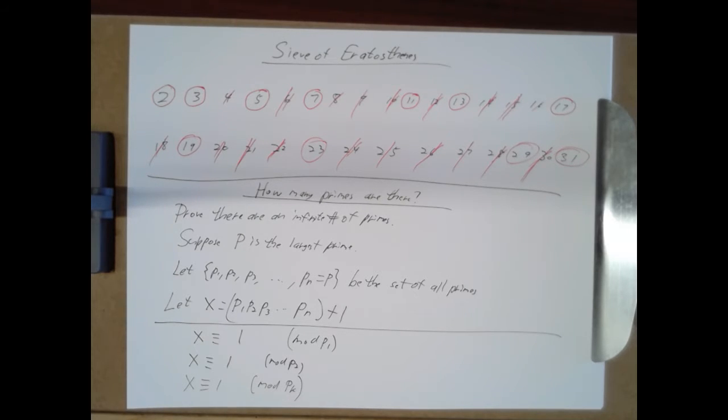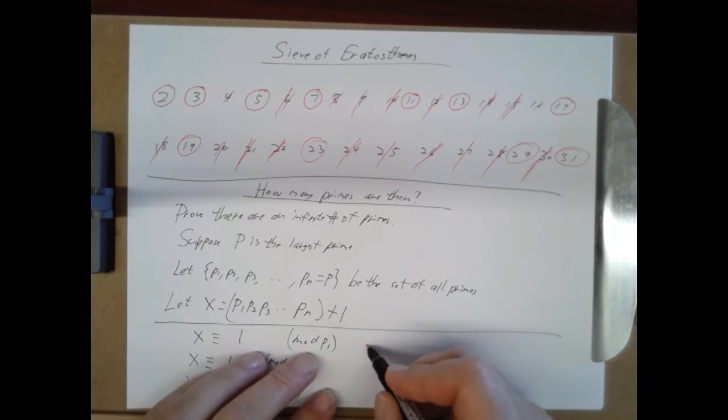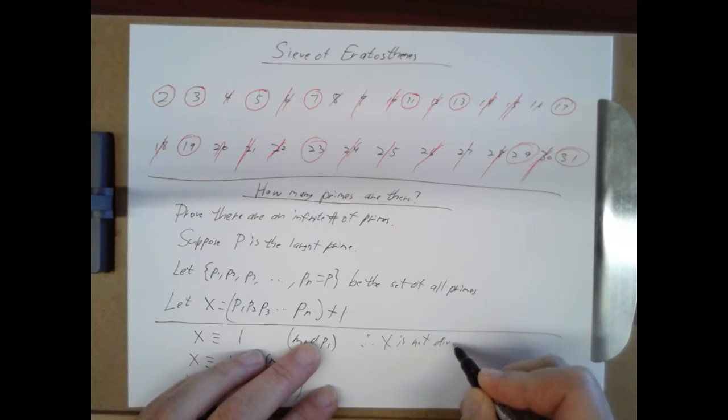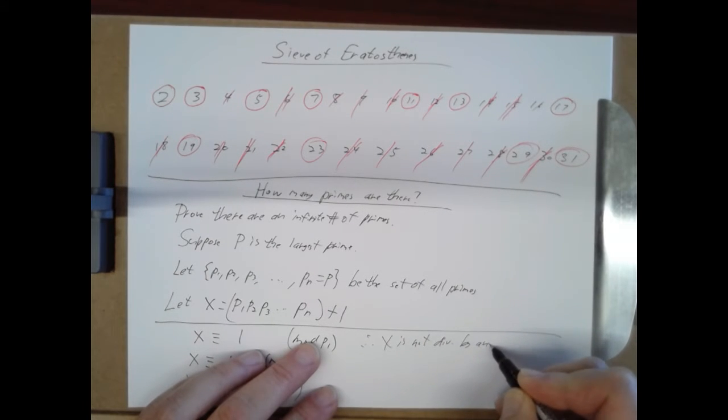Well, if you're congruent to 1, then you're not divisible by the thing that you're congruent to 1. If you're congruent to 1 modulo P1, X cannot be divisible by P1. It can't be congruent to both 0 and 1. And it can't be divisible by P2. It can't be divisible by any of these P's. So X is not divisible by any prime.